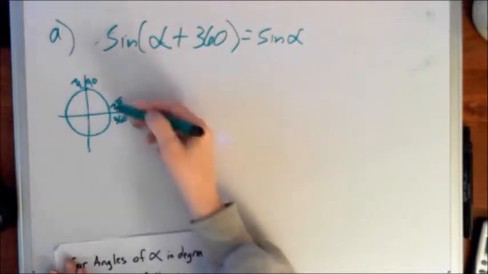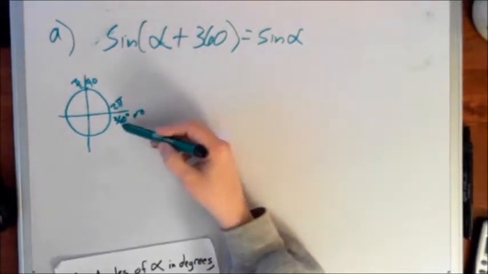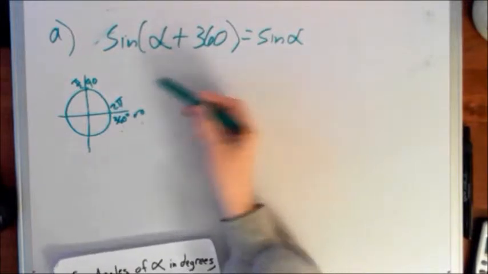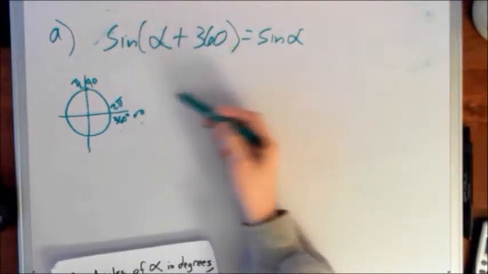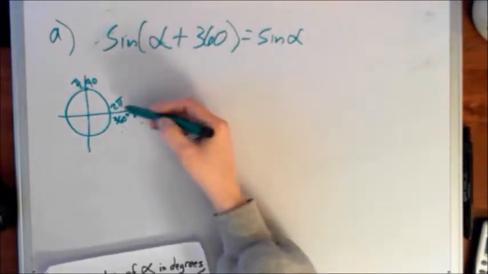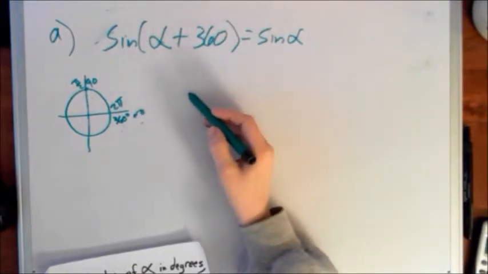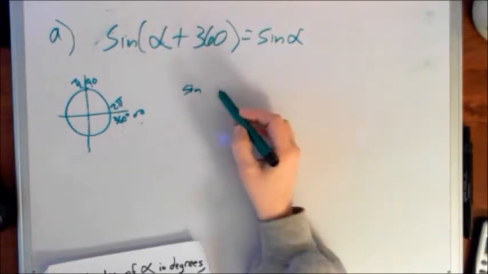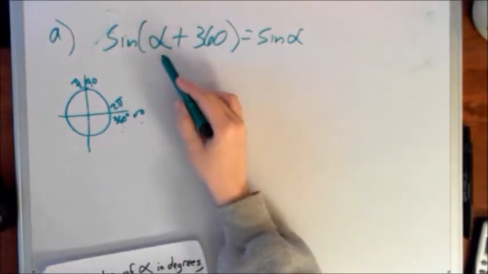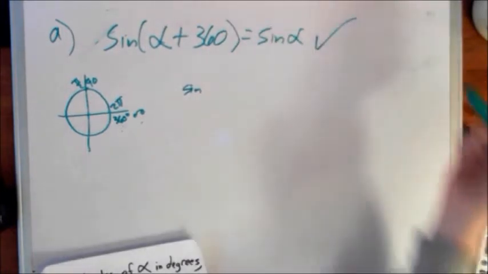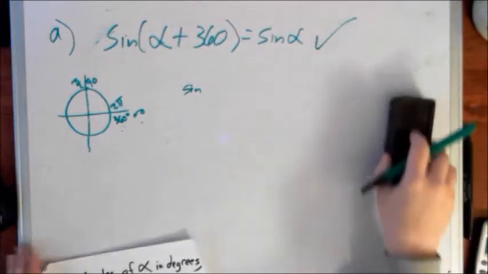You start at 0, you end at 360. If you evaluated these for any of your functions, it's going to be the same. So all this is saying is starting with alpha, going 360 degrees, all you've done is a complete circle. So it's pretty obvious at this point that yes, sine of alpha plus 360 is a complete circle, which is equal to sine alpha. So that one is correct.